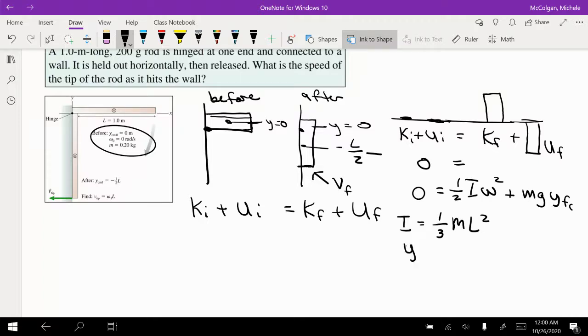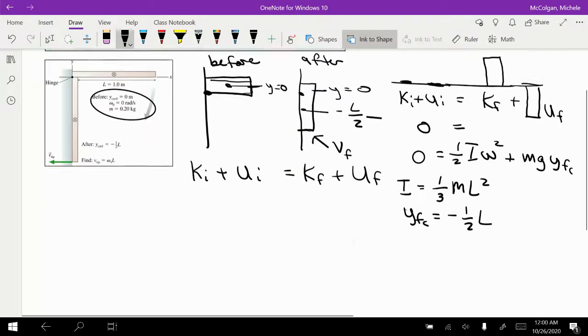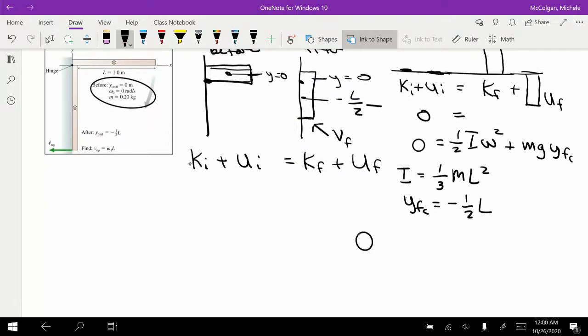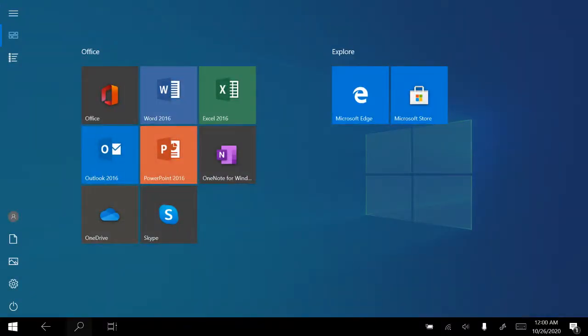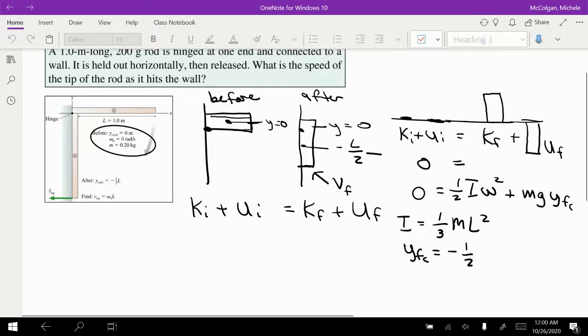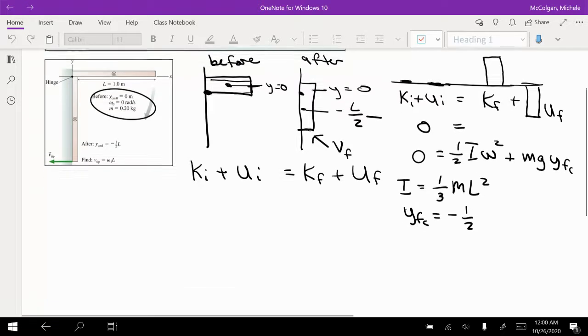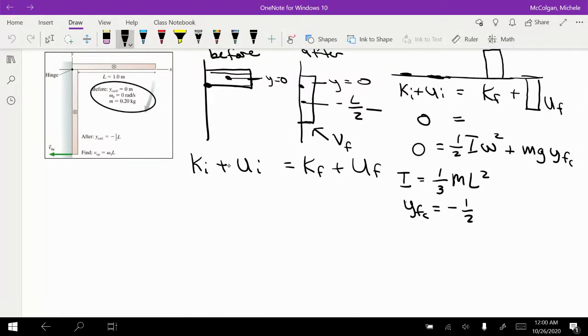And we also know that our y final center of mass is equal to negative 1/2 L.